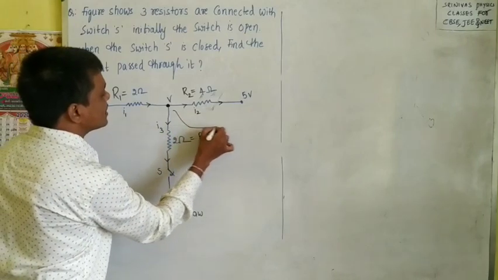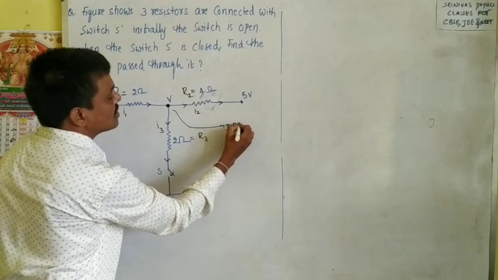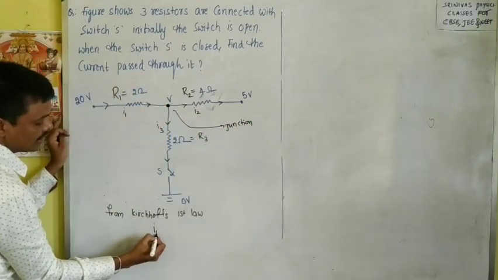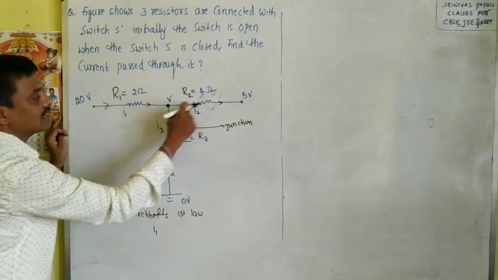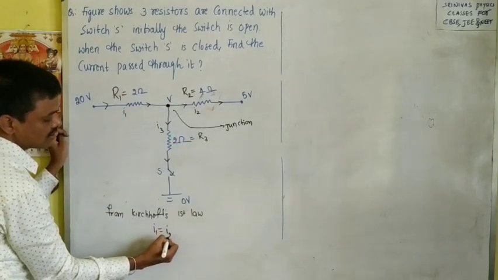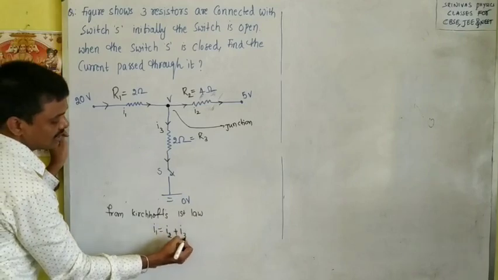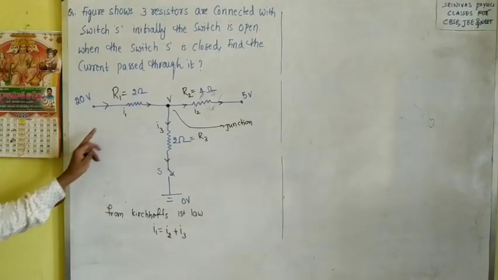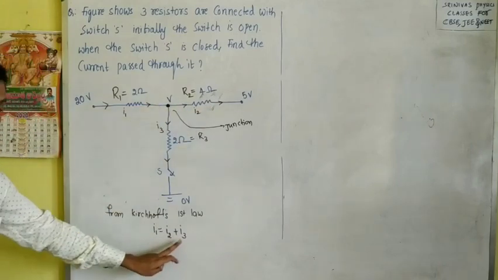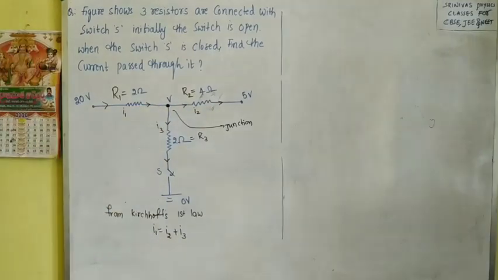What is the entering current? I1. Leaving current is I2 and I3. Sum of currents entering equals sum of currents leaving. That means we write I1 is equal to I2 plus I3.